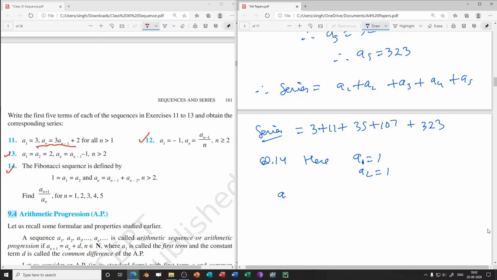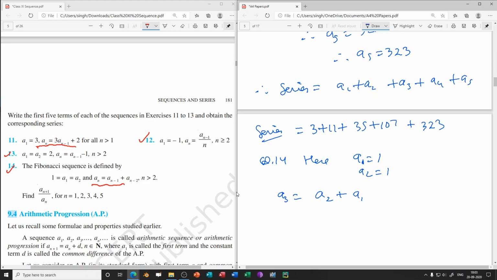So next we will find a3. What is a3? Because here it says that when the subscript is greater than 2, you have to use this formula. If you compare with a(n), here n is 3 and that is greater than 2, so we will apply this formula. a3 is equal to a(3 minus 1), that is a2, plus a(3 minus 2), that is a1.